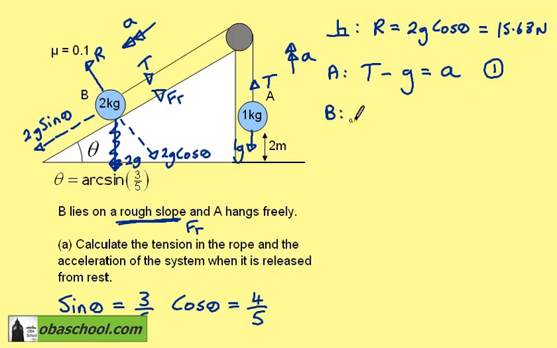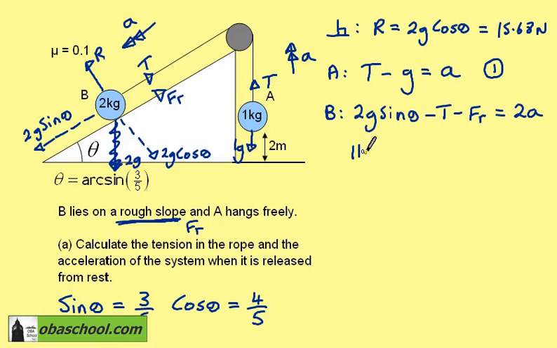Looking now at B, down the slope we have the 2G sine theta, and the T and FR up the slope. So we get 2G sine theta, take away the T, take away the friction, giving us the resultant force down the slope, must be equal to its mass times the acceleration.